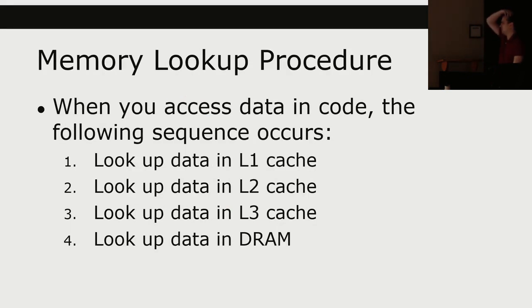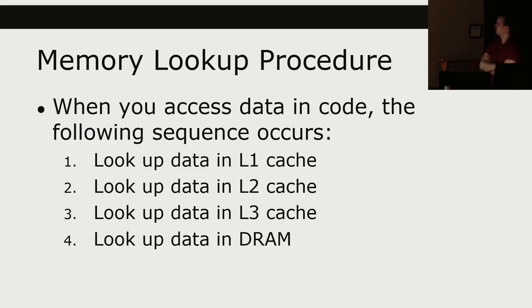So what happens when you try and access data in your code? And this is true of heap memory as well as stack memory. But stack memory, if you have a bunch of variables on the stack, they're usually cached together anyway. So this is typically when you're talking about heap memory. But when you access any data from any part of memory in the code, the following sequence of events occurs.